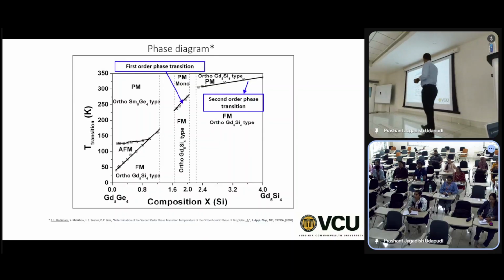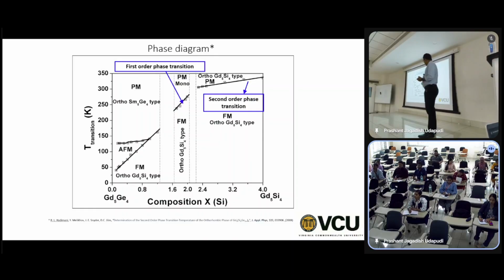So here is a magnetic phase transition phase diagram of this material, gadolinium silicon germanium, or gadolinium germanide and gadolinium silicide.